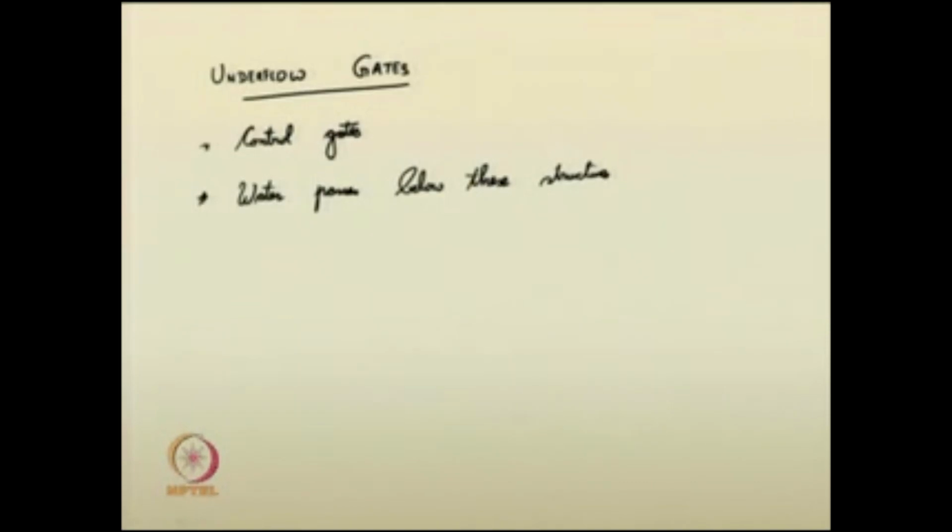Some of the examples are sluice gates, rotor gates, tainter gates. There are many control gates that allow underflow through them.